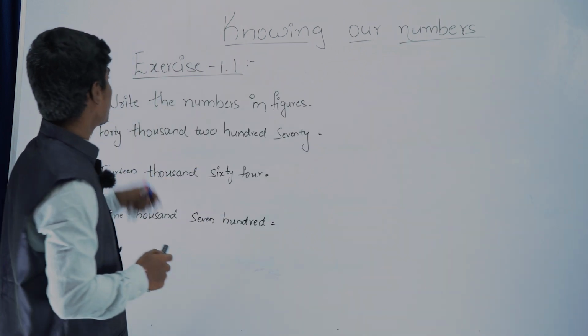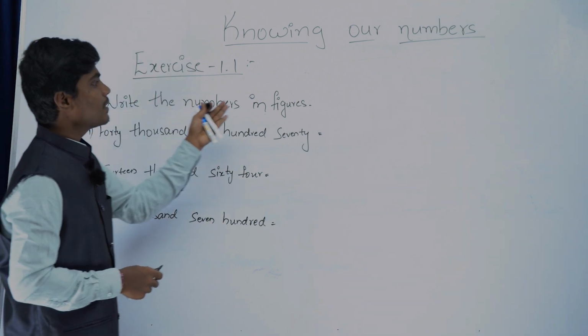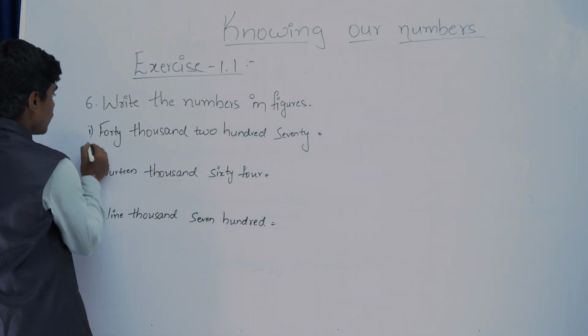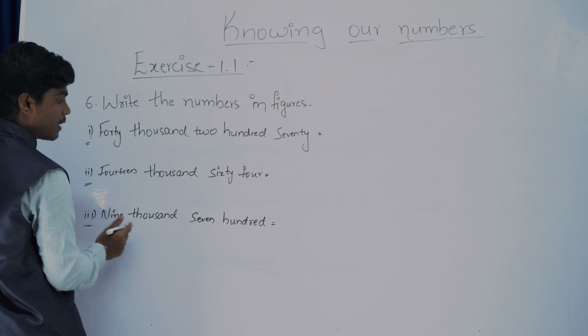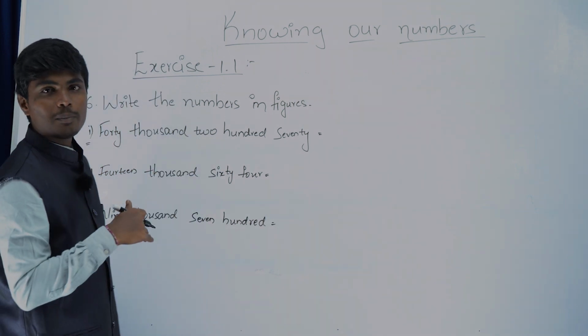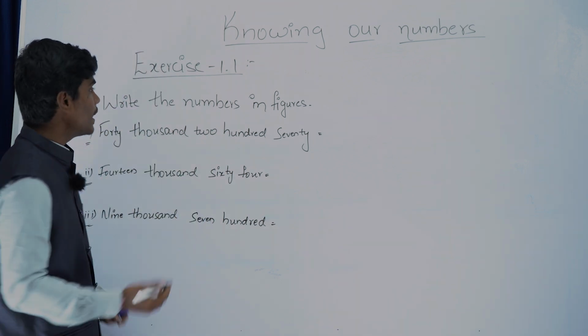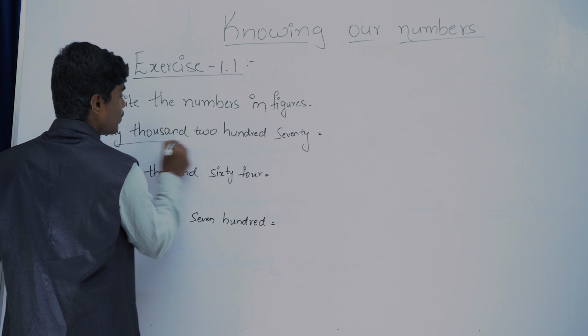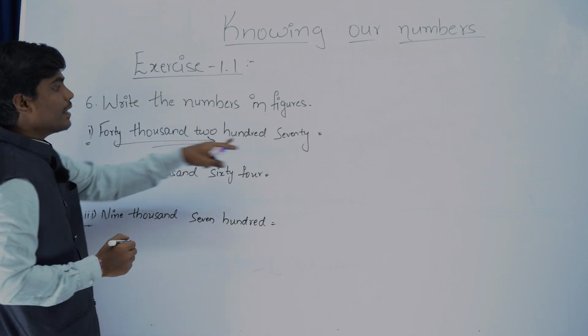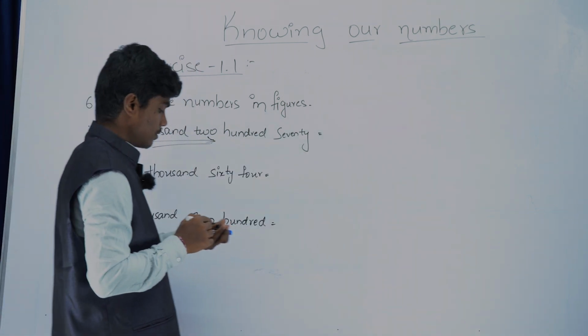Now coming to the sixth problem: write the numbers in figures. Here he gave the numbers in words. In the previous problem, he gave the numbers and wanted us to write the words. Here he gave the numbers in words and wants us to write them in figures.